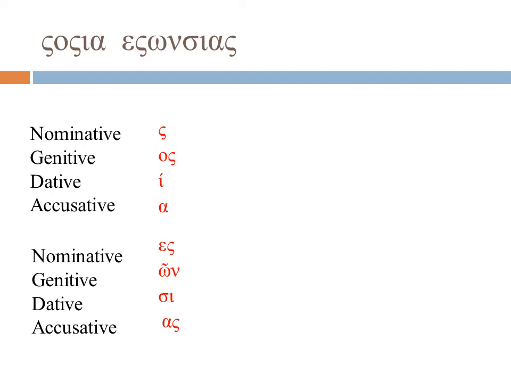If we take all of the endings that I've told you so far and we kind of make words out of them, we get socia for the singular and esoncias for the plural. So we get socia esoncias, and that is the endings for the masculine and feminine.